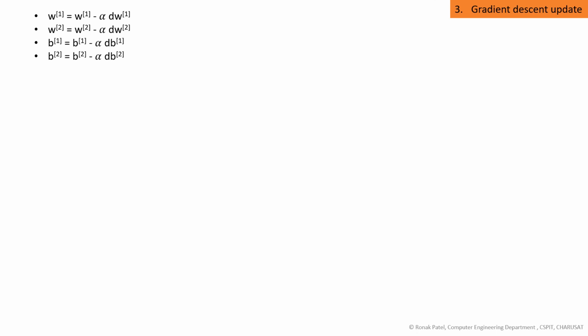So next step is gradient descent update. Using these four equations, you can update your weights and biases. Here alpha is your learning rate, and in this example we will keep it as 0.01.